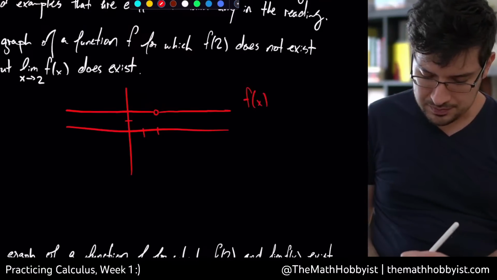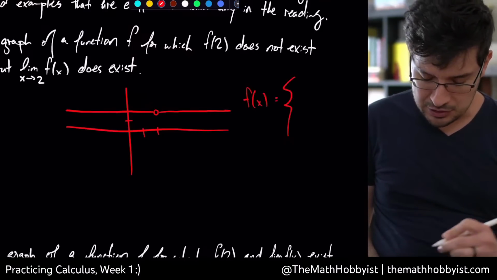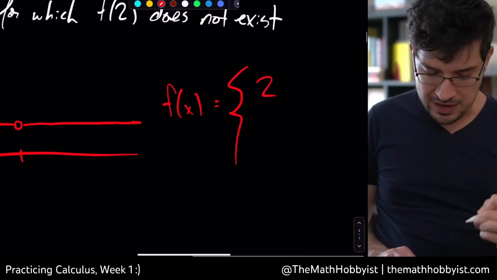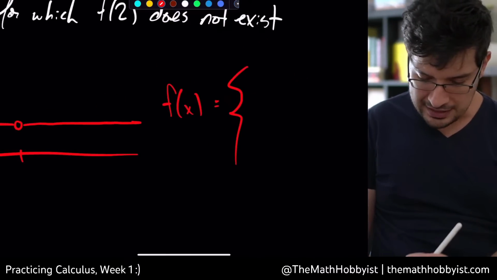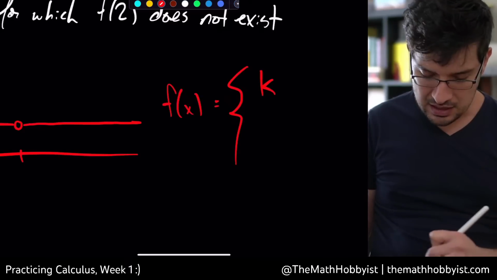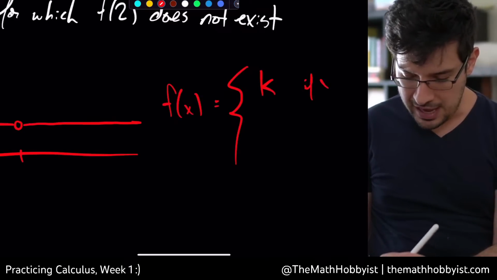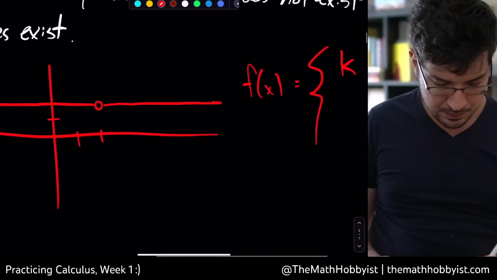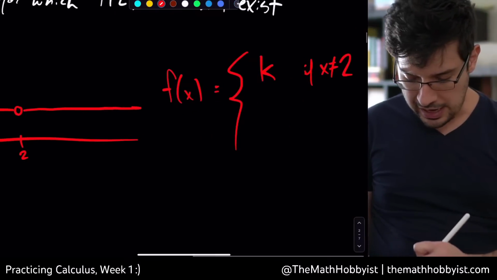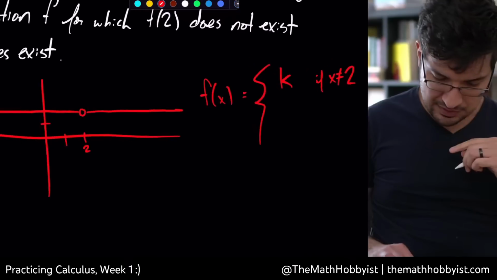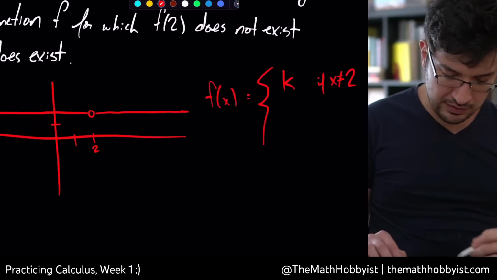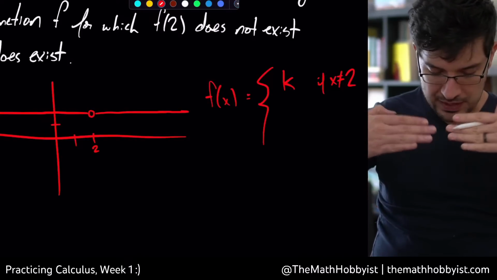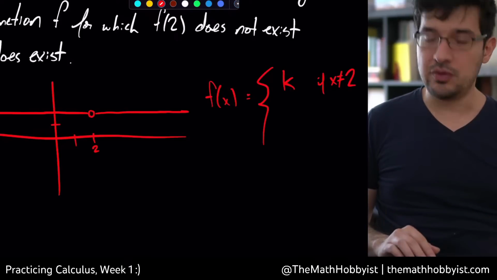I guess I'm contradicting myself a little bit. But anyways, we're going to have a constant value, really any constant value k, if x is not equal to the point 2. And that's it. This is just defined for all x values other than x equals 2.